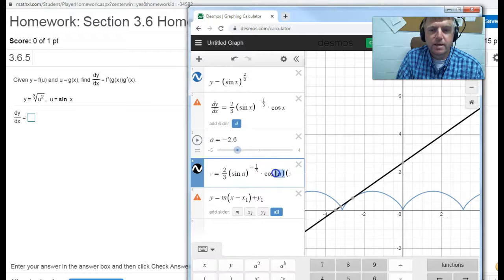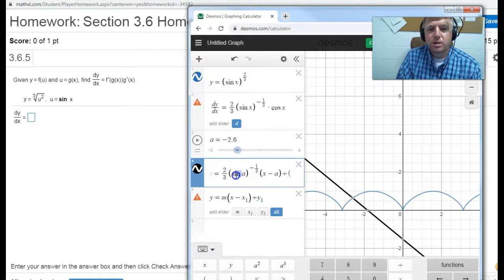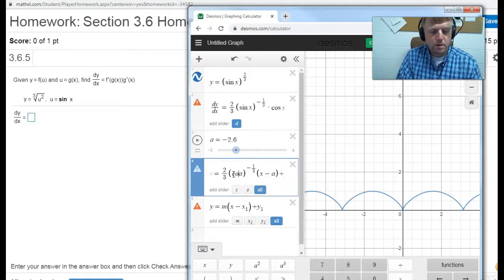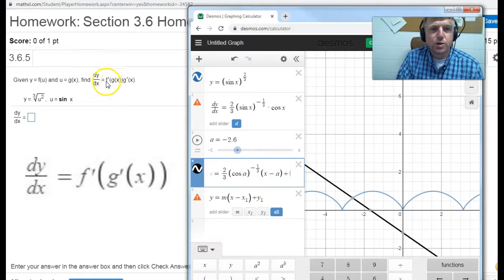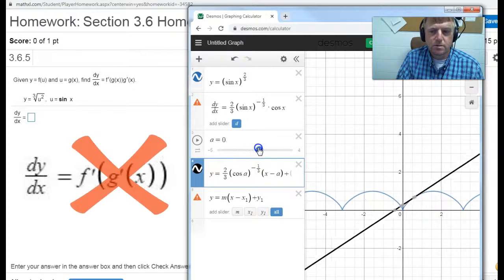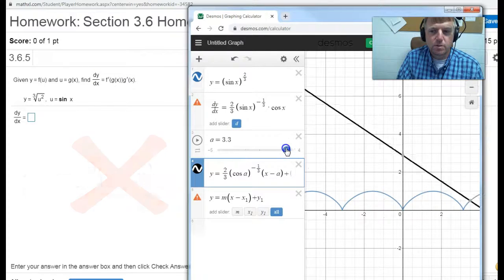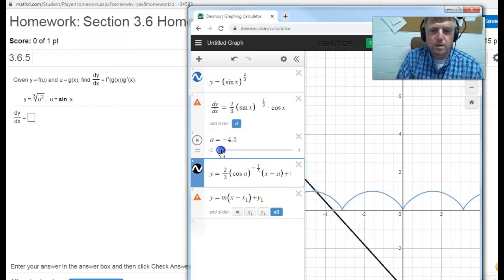All right, if we forgot to do the cosine, this is what a lot of people want to do here. They want to go ahead and take the derivative at the beginning. So they're basically doing f prime, g prime, and not chaining anything on. Well, you can see that that does not give us tangent line slopes at all. It's all wonky. Everything's messed up.